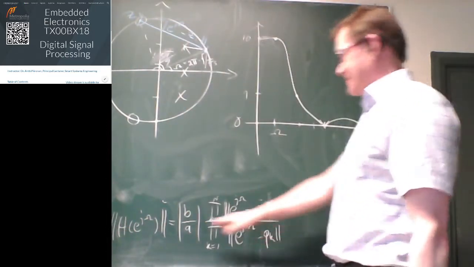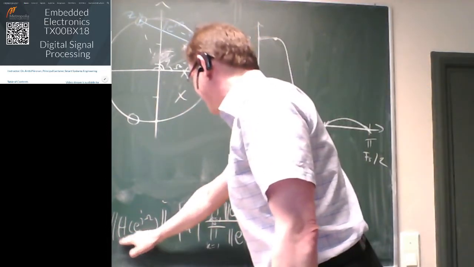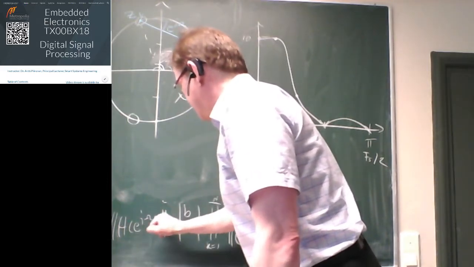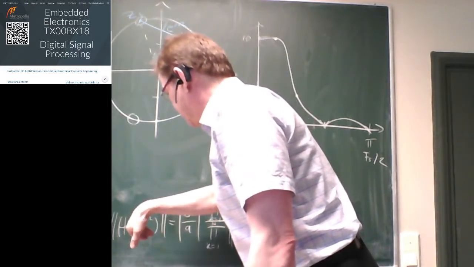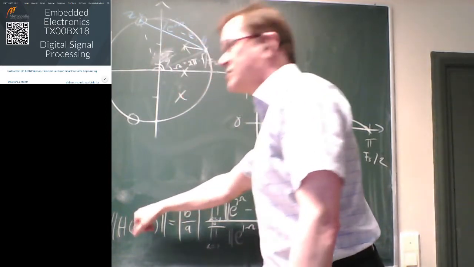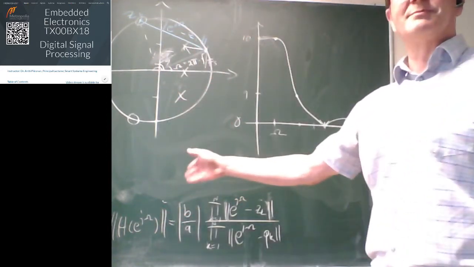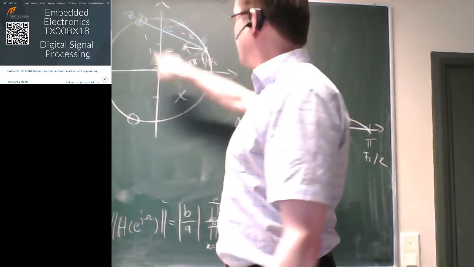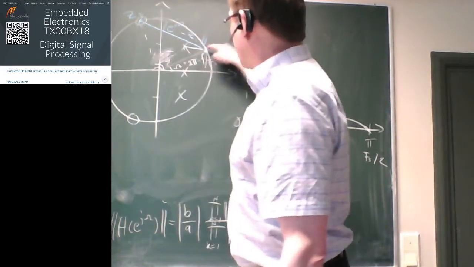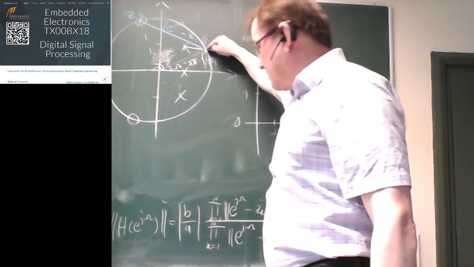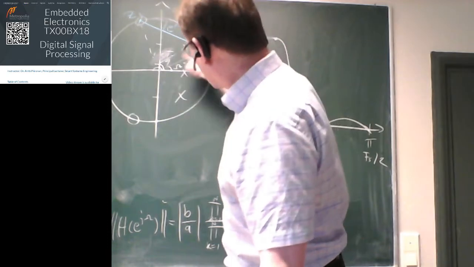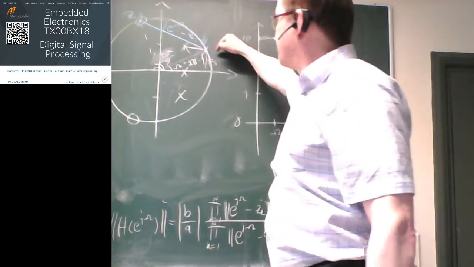So that's just mathematical truth. The frequency response is something that you get when you put, instead of z, e to j omega. You evaluate that rational polynomial on the unit circle. E to j omega is actually a point here at angle omega, and omega is directly proportional to our physical frequency.